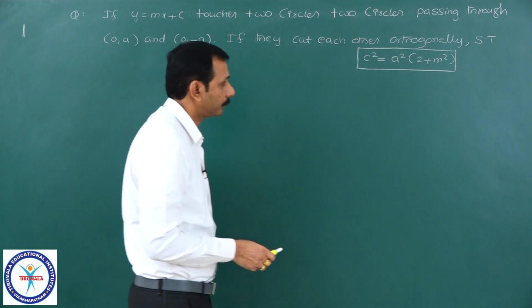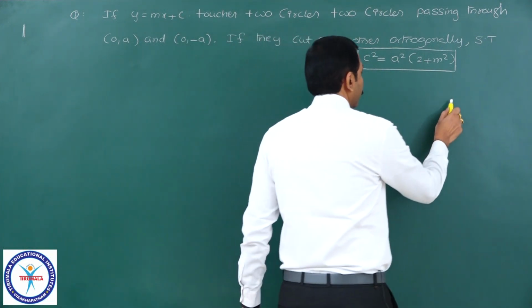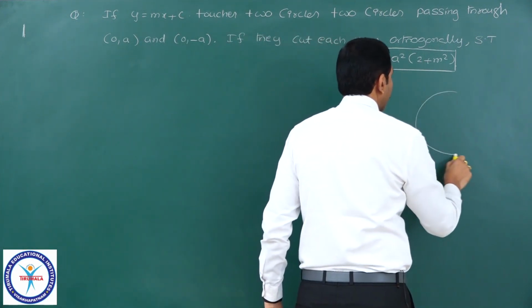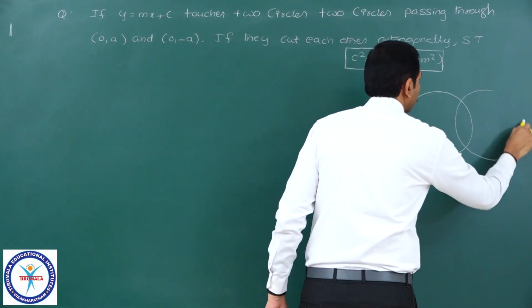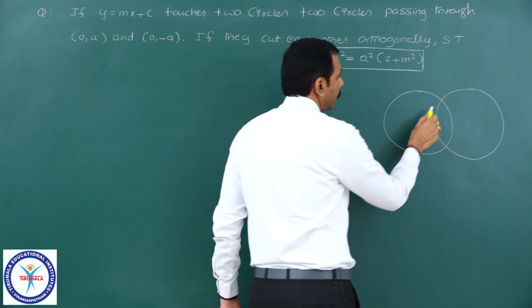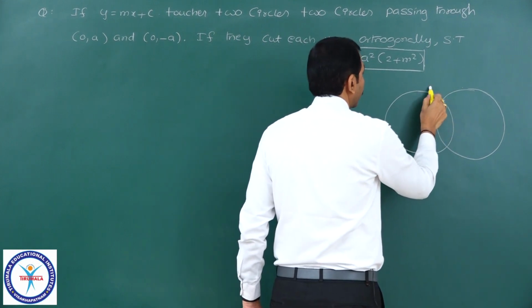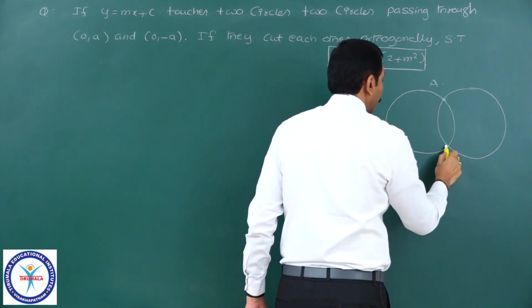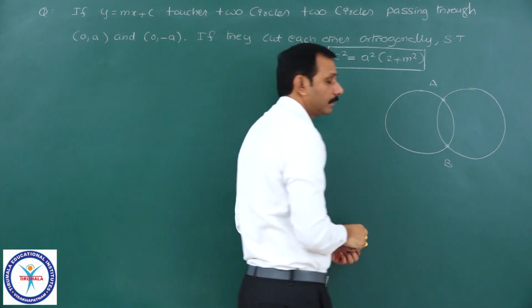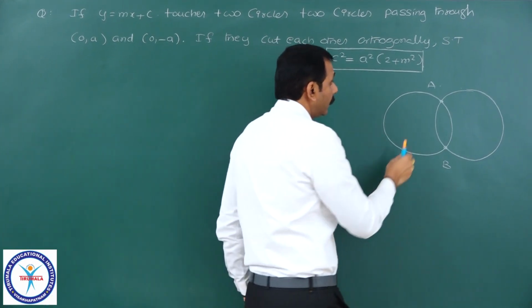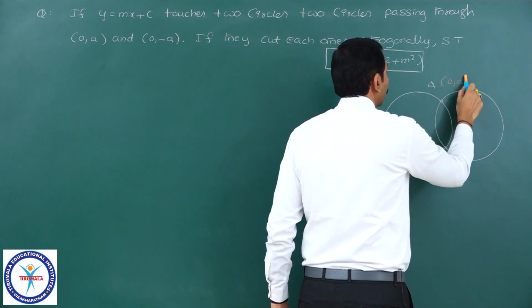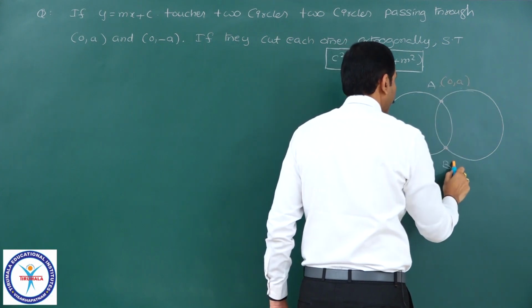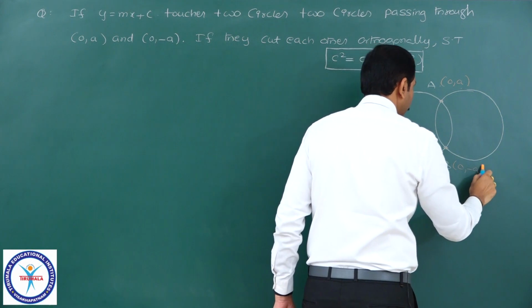See here, suppose I will take it is one circle and it is another circle which are intersecting at 2 points. Let it be A and B. And given that these two are the points, one point is (0, a) and the other is (0, −a).